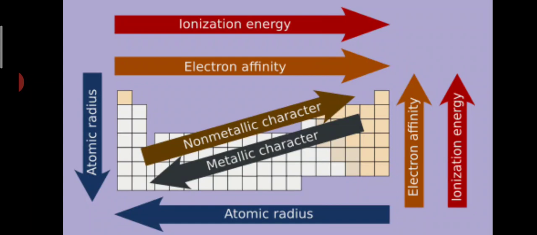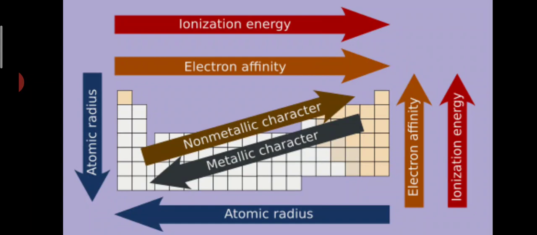So as you move from top to bottom, the increasing atomic radius makes the ionization energy decrease, because the electrons are not close to the nucleus, they are away from the nucleus, so they are not attracting each other, so we can easily remove them. Therefore the ionization energy decreases from top to bottom.